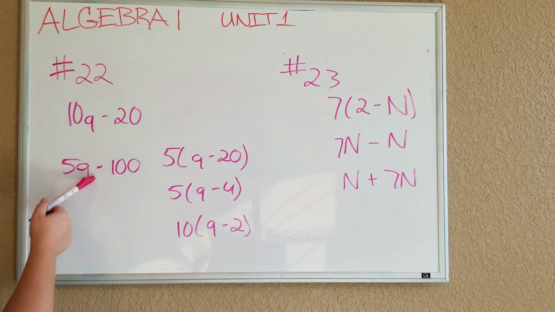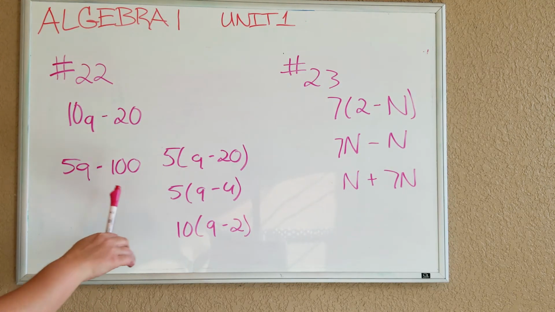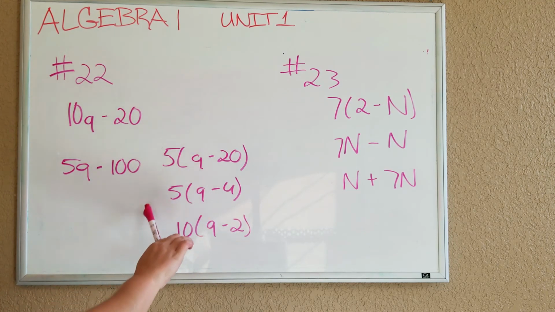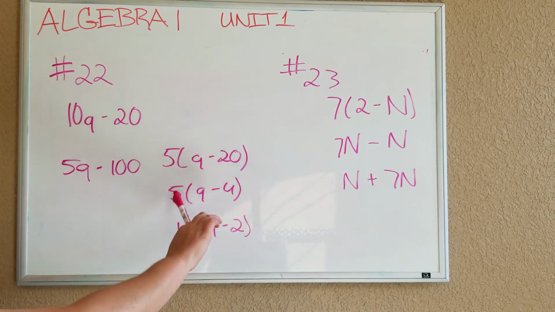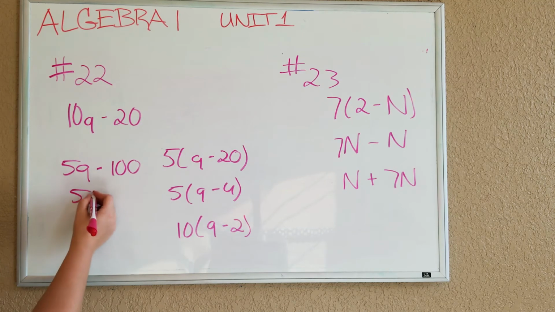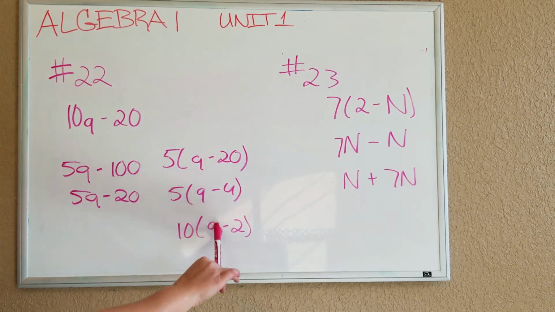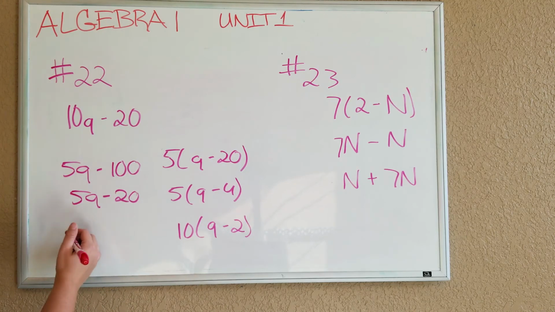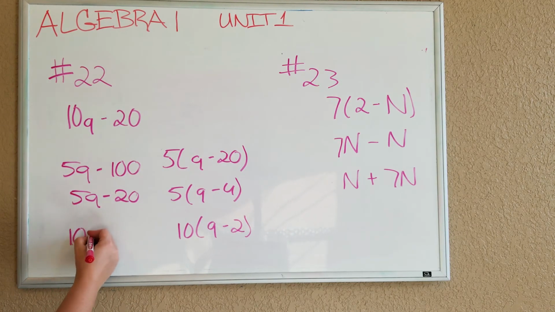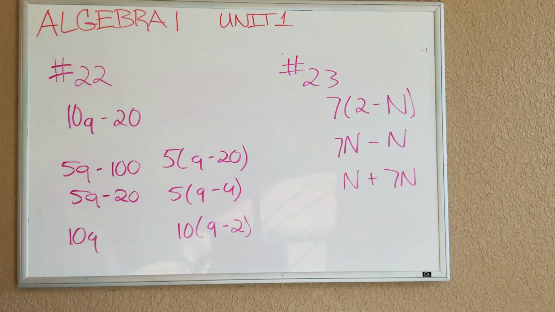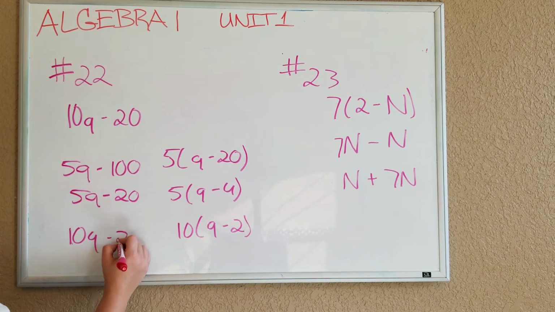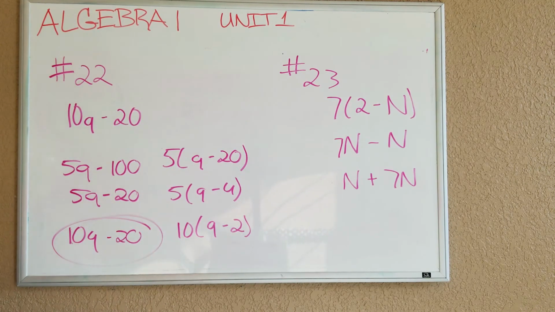Is that equal to that? No, it's not. Do the next one. It's also going to give you 5q times -4. 5 times -4 is -20. So I think it probably is the last one. 10 times q is 10q, and 10 times -2 is -20. So this is your equivalent here.